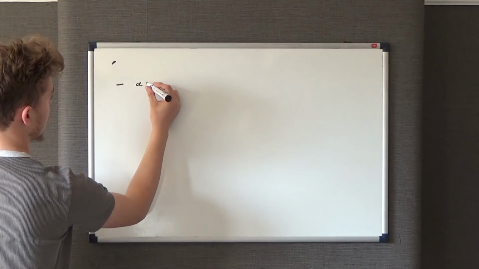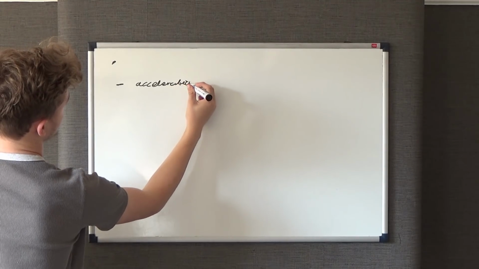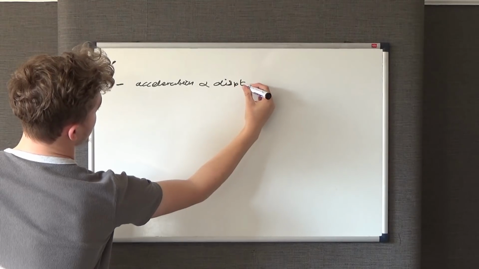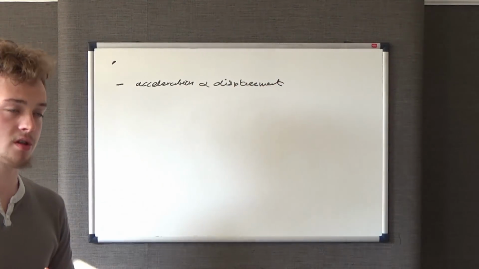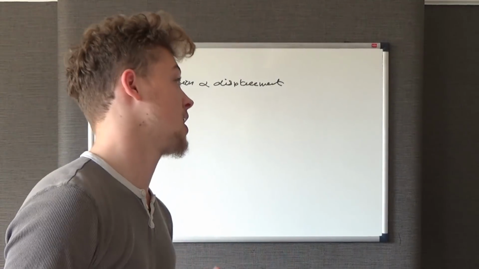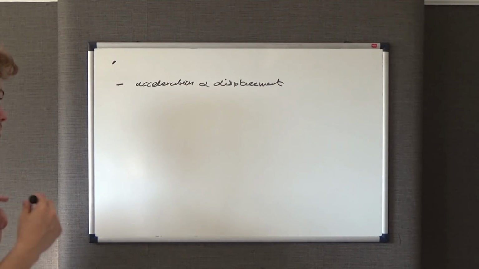The first one is acceleration is proportional to displacement. So at the maximum displacement, there's a maximum acceleration. You might say the velocity at maximum displacement is 0. Yes, but that's because it goes from a negative velocity to a positive velocity, and that's the biggest change. So acceleration is directly proportional to displacement.